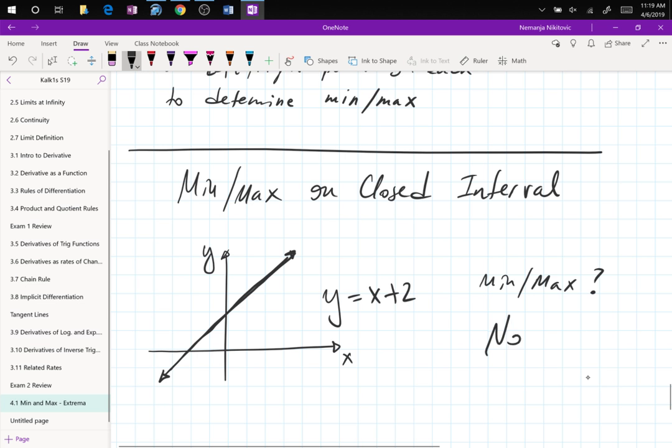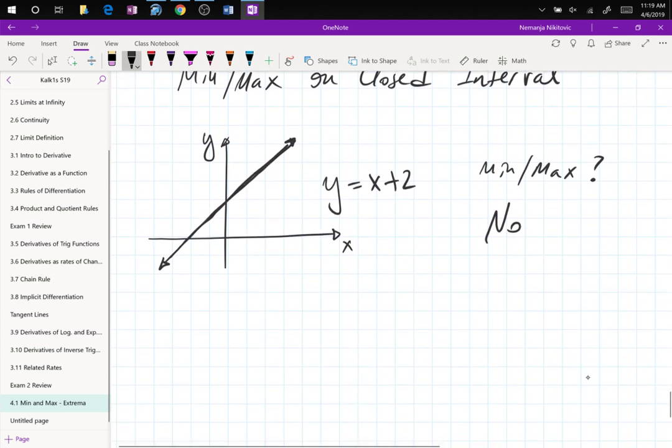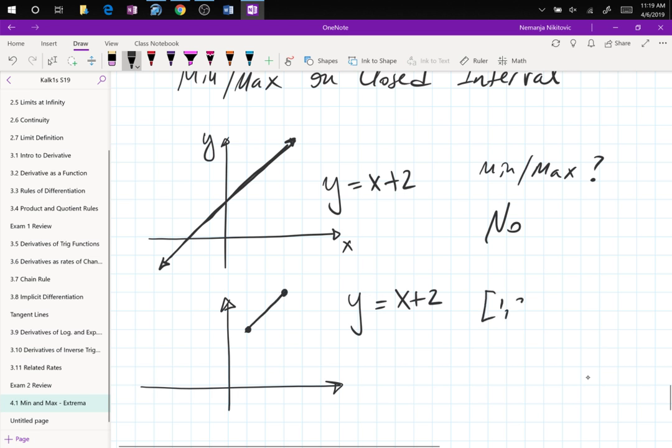No. Big fat no. But now, same function, y equals x plus 2, but this time it's a line segment on the interval 1 to 3. Does it have min and max?